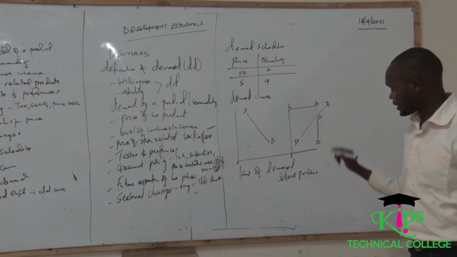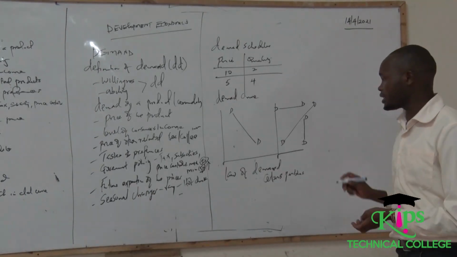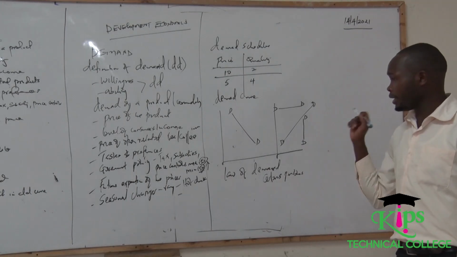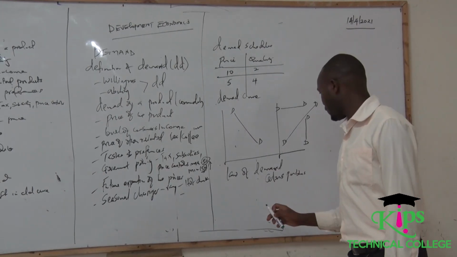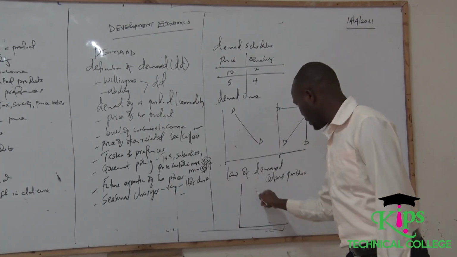So if the price increases, we consume less. If the price decreases, we consume more. And the law of demand is going to behave this way.